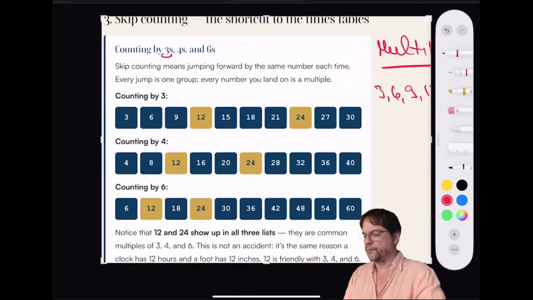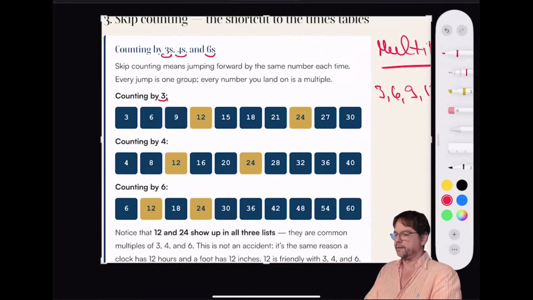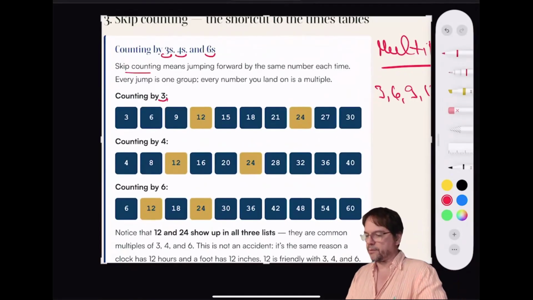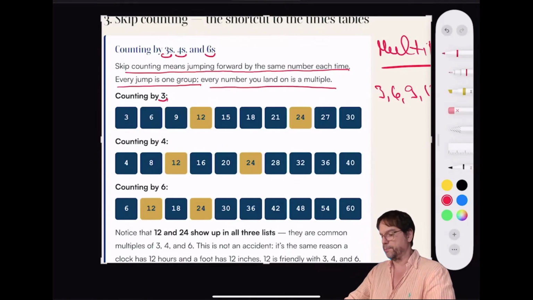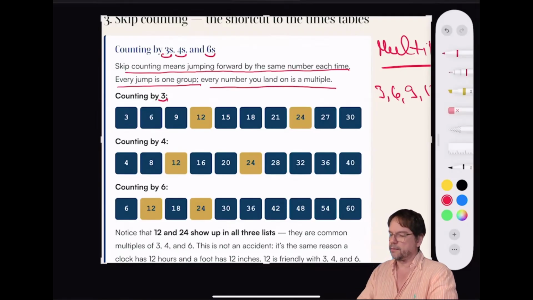Counting by threes, fours, and sixes. Look, if I want to count by 3, what can I do here? Skip counting means jumping forward by the same number each time. Every jump is one group. Every number you land on is a multiple. Look, I am going from 12 to 24.